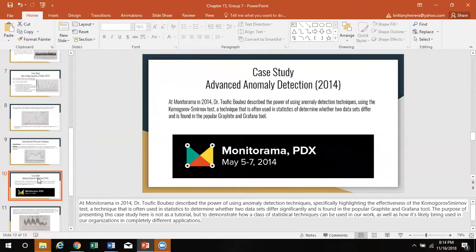The purpose of presenting this case study is not to be a tutorial, but to demonstrate how a class of statistical techniques can be used in our work, as well as how it's likely being used in our organization.